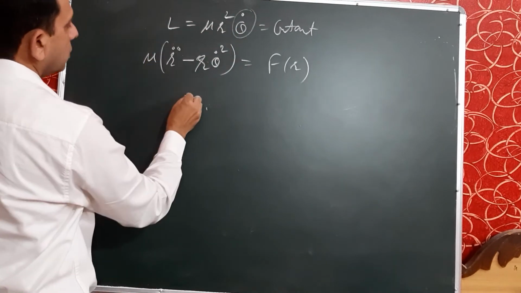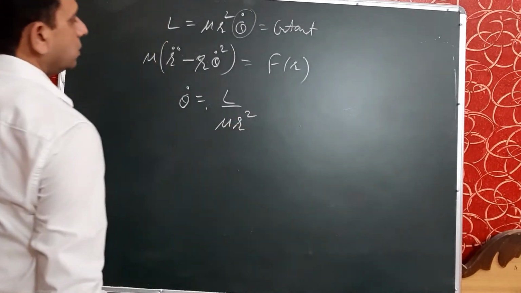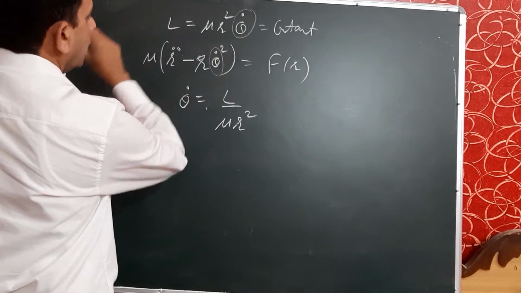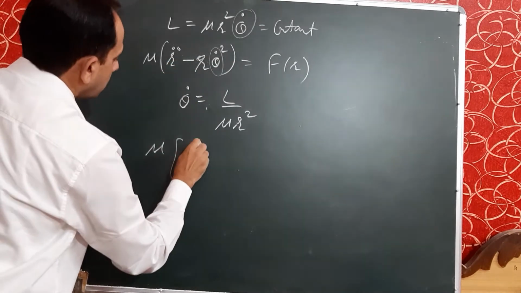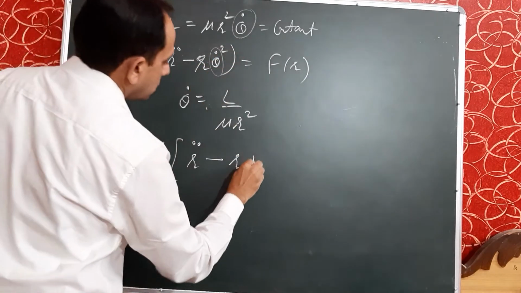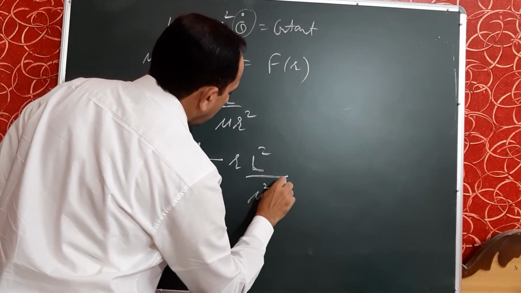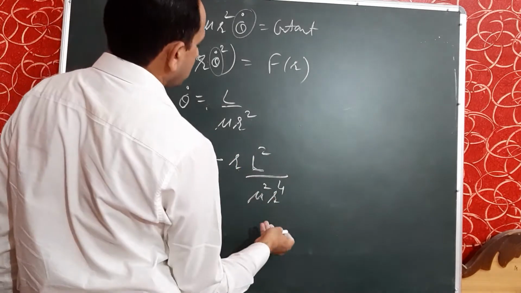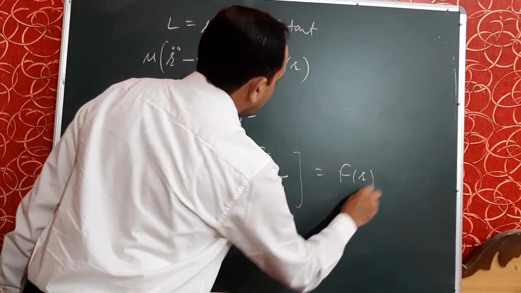From this equation, theta dot is equal to L upon mu r square. Putting this value here, we get mu into r double dot minus r times L square over mu square r power 4, because mu square r square, the whole square, means r power 4, equal to f of r.